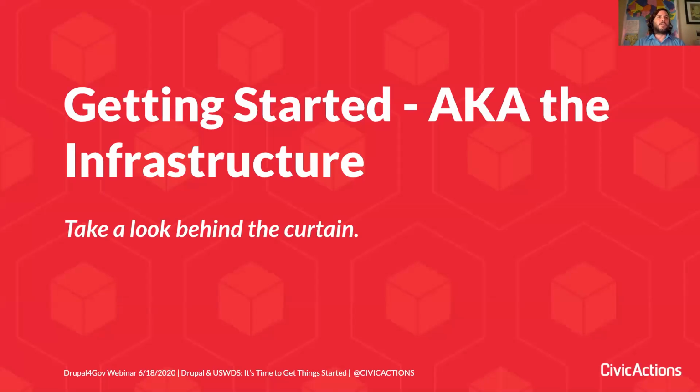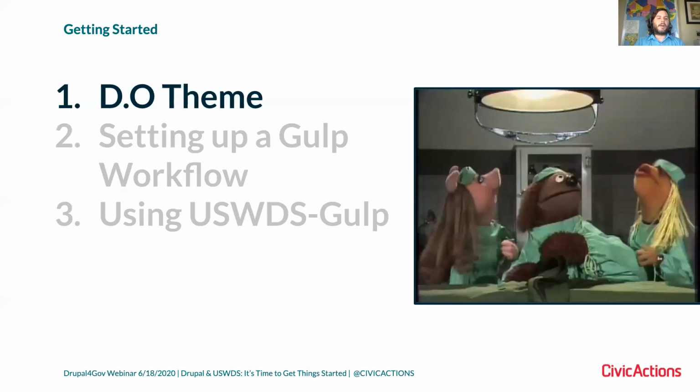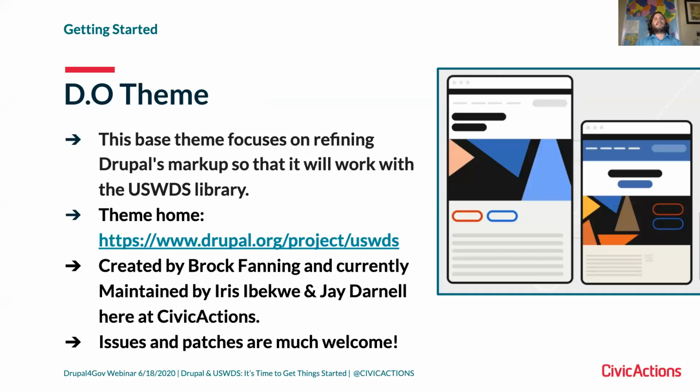All right, so we're going to get started here with the infrastructure of getting everything going, and we'll talk about the components with that. The first thing is the Drupal.org theme, a base theme that focuses on refining Drupal's markup so that it'll work with the USWDS library, and it does that through a number of preprocess functions and some templates.